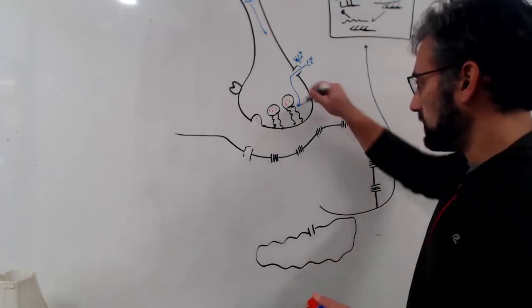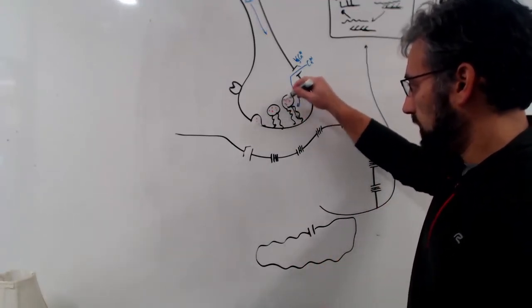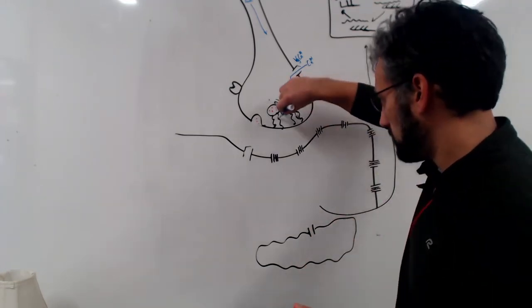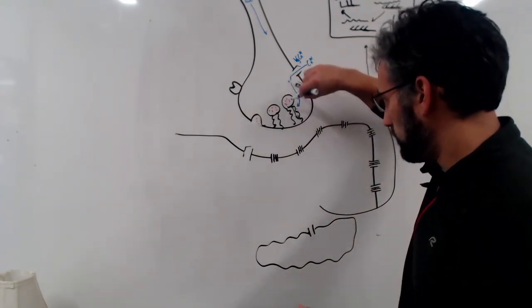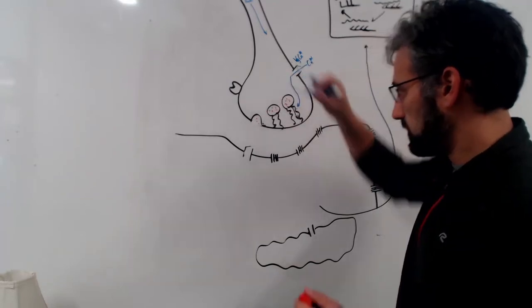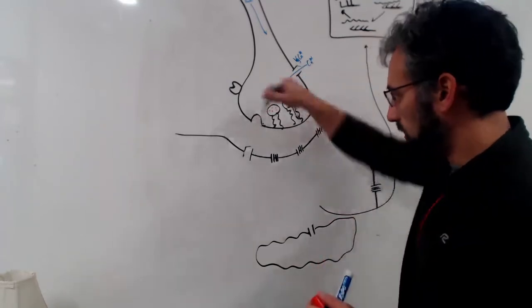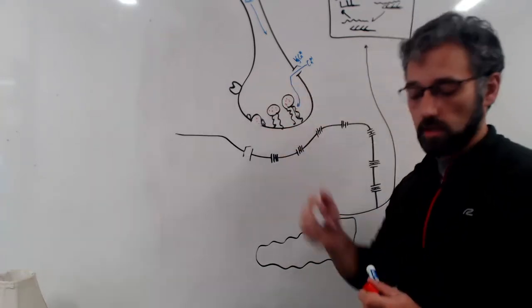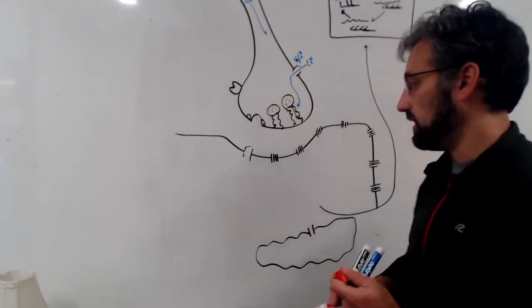So you can imagine that this is going to go boop, and then this one also already has some calcium bound to it, boop, boop, and this one is already bound as well, and so this one, boop, there's the tethering proteins, and then it'll release the acetylcholine into the cleft.